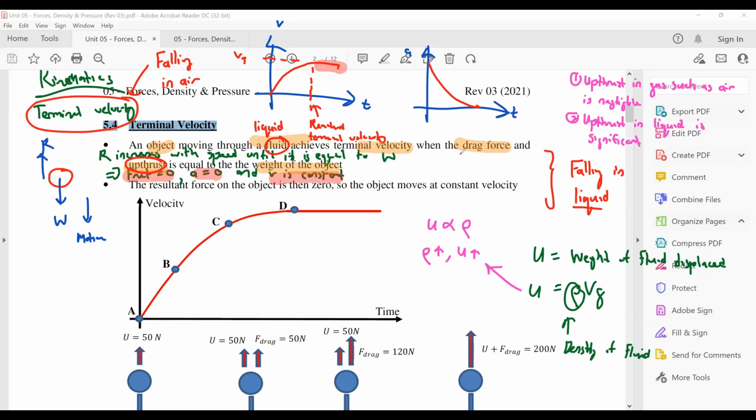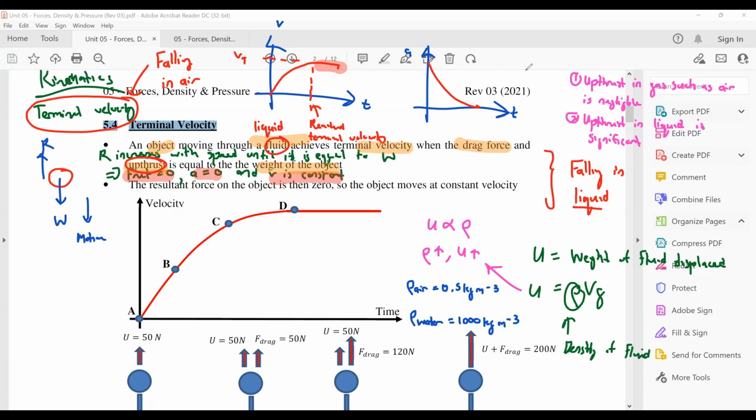Now, why do we say this? If I ask you the density of air, the density of air is just about 0.5 kg per meter cube. But if I ask you about the density of water, it's about 1000 kg per meter cube.